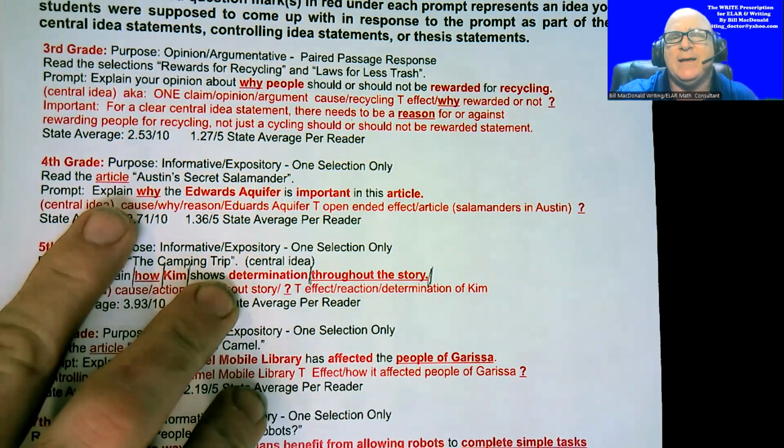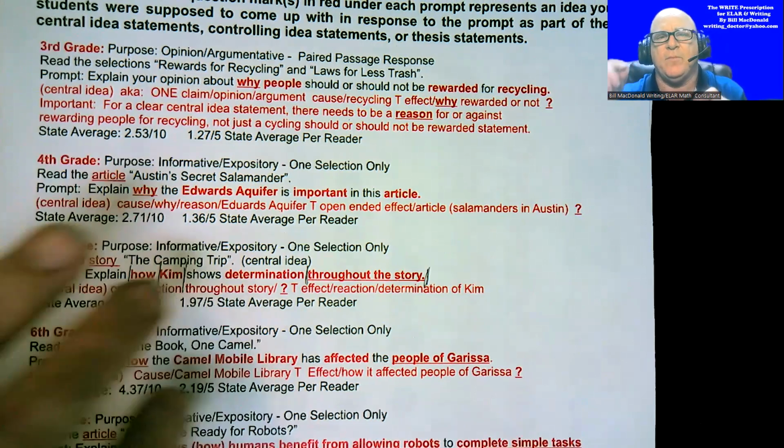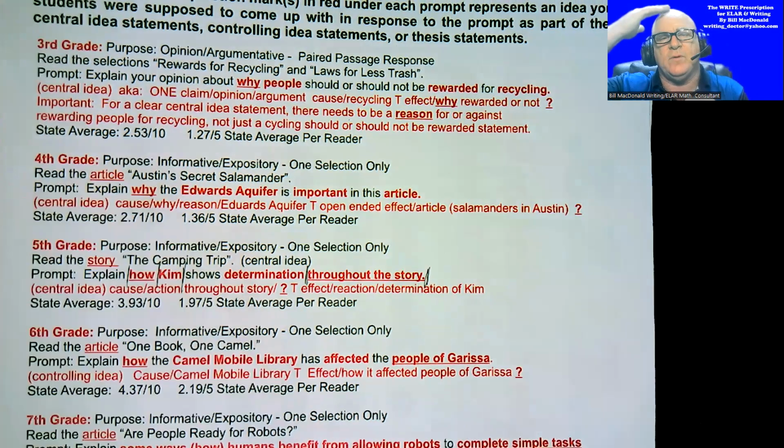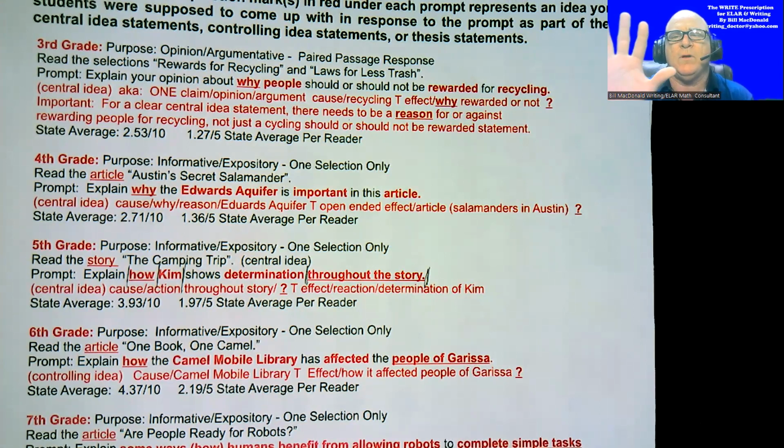Then we STIES, separate the topic into EZ sections. There you go.